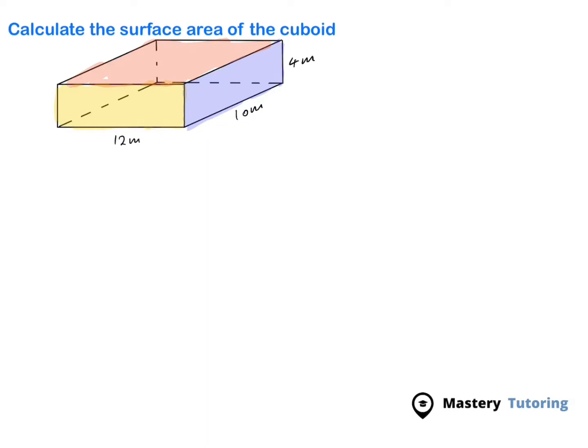So when you look at this side, because it's 12, it has to be the same length as that, because these are parallel. Take this front face as a rectangle, and with a rectangle, opposite sides are parallel and they're equal. So this is going to be 12.